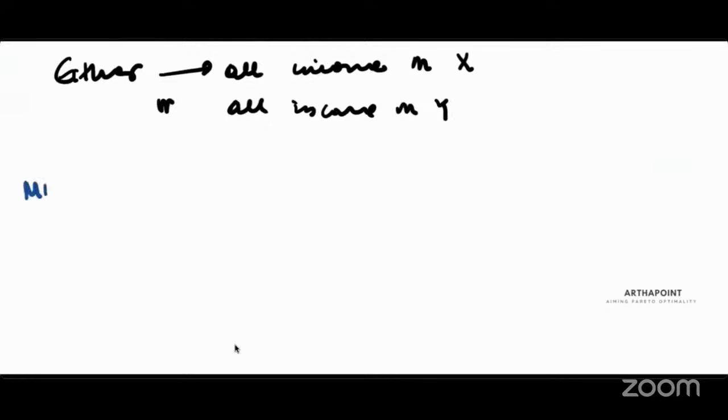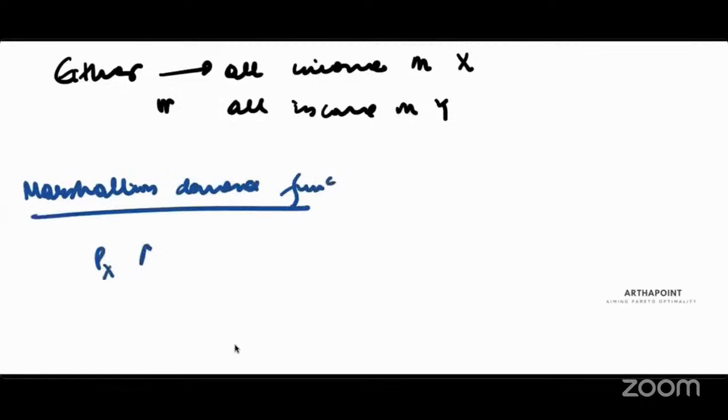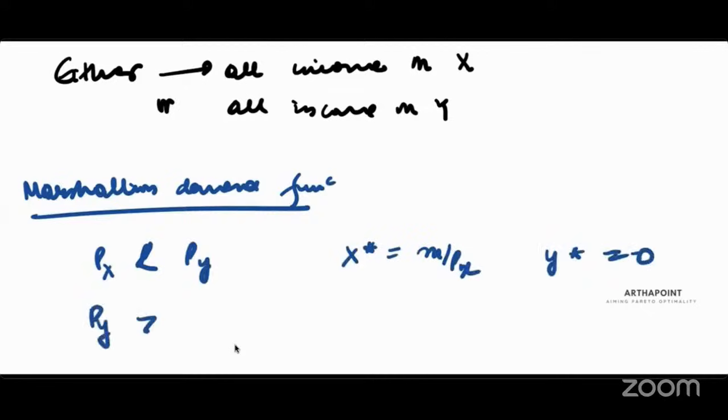My Marshallian demand function will be when Px is less than Py, X star is M by Px, Y star is 0. When Px is greater than Py, X star is 0, Y star is M by Py.